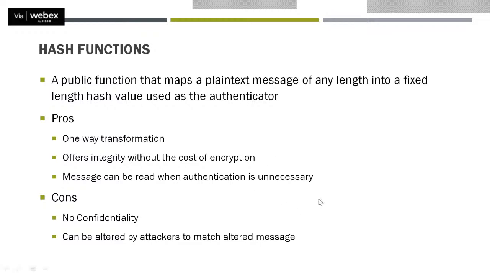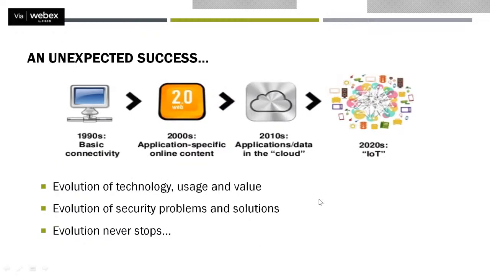Okay. Then we should know about the unexpected success which has happened, like the evolution of technology usage and value. Okay, so you can see in the 1990s very basic connectivity was present.